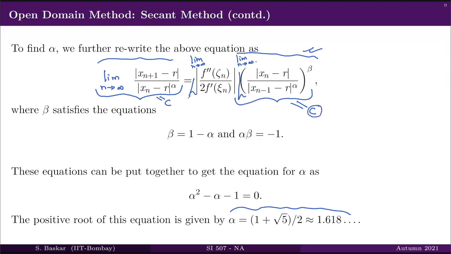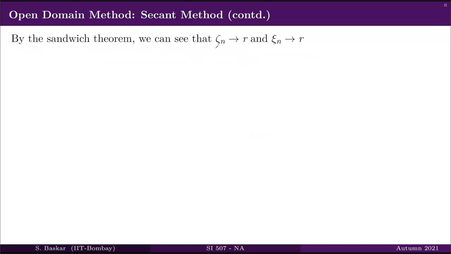And what about this term? When we take the limit as n tends to infinity, you go back to the Sandwich Theorem, which we stated in our first chapter. Remember, zeta n is taken between xn and xn minus 1. Of course, this is if xn minus 1 is less than or equal to xn. Otherwise, it will be the other way around. And similarly, xi n also lies between xn and xn minus 1.